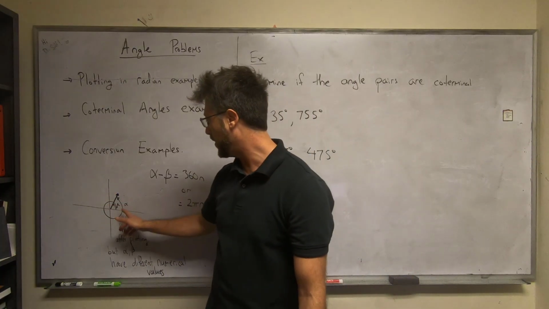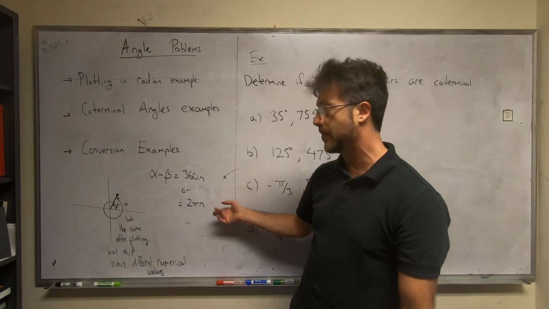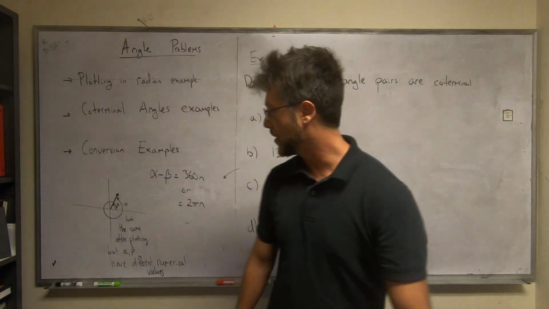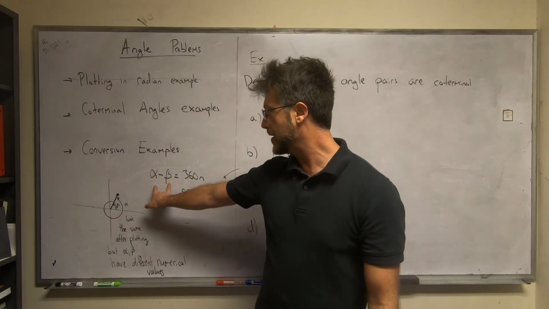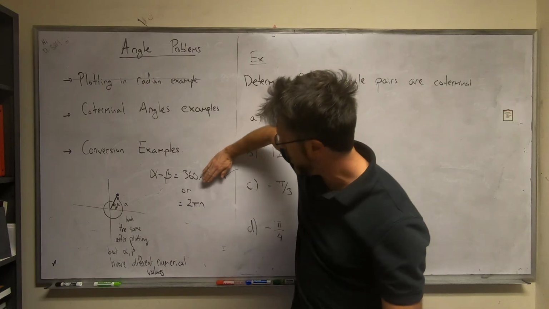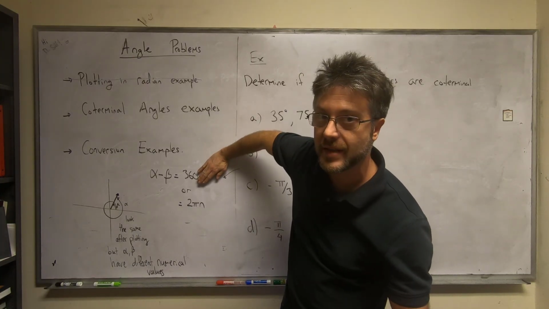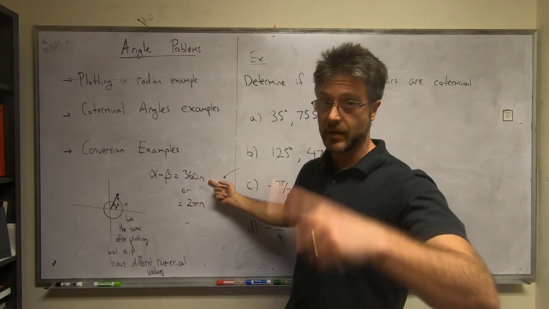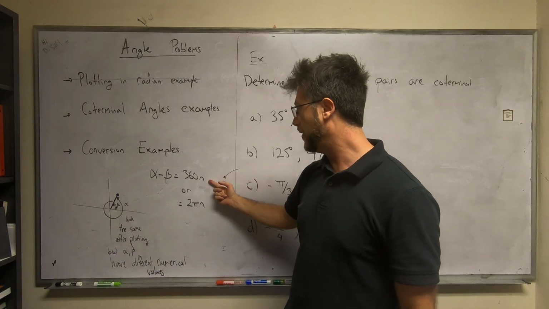And the key equation behind determining whether angles are coterminal is just to recognize that the difference or the gap, the spacing, will always correspond to either 360 or 720 or negative, because we could rotate the other direction, negative 360.